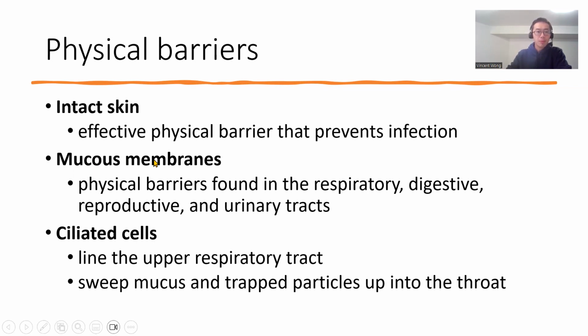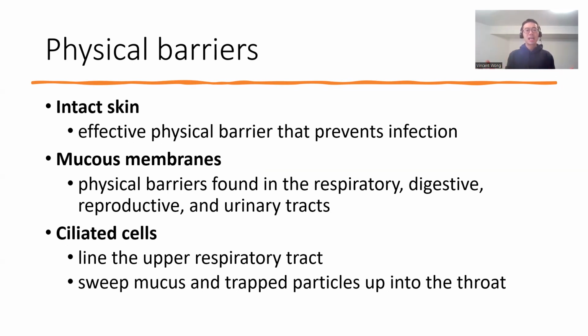Next one is called mucous membrane. You can't have skin covering all exposed surfaces, okay? So like the inside of your mouth is actually an exposed surface, okay? So we don't have skin inside the mouth, which functionally doesn't make sense.